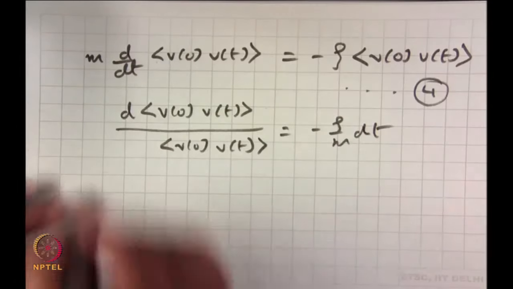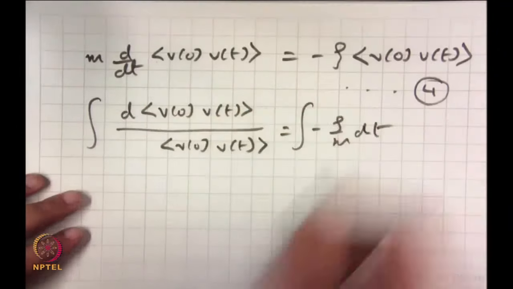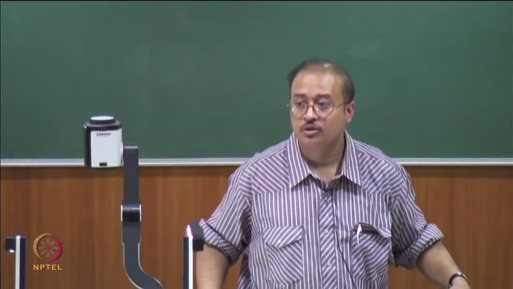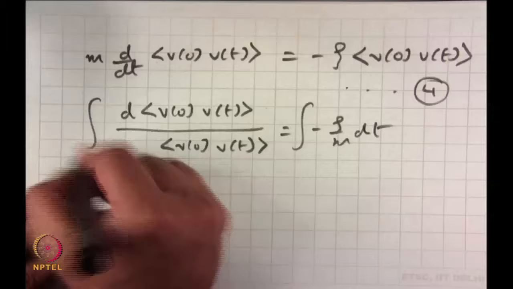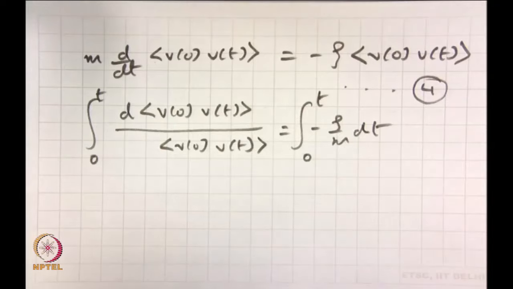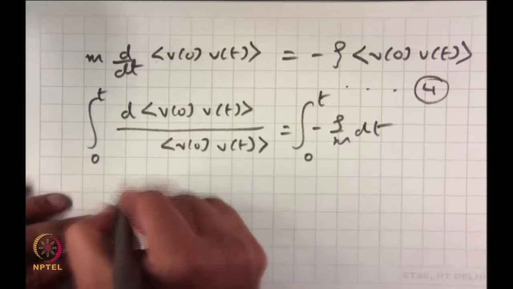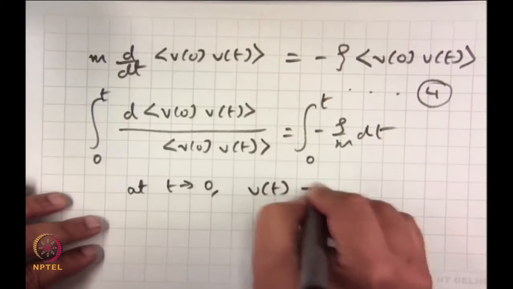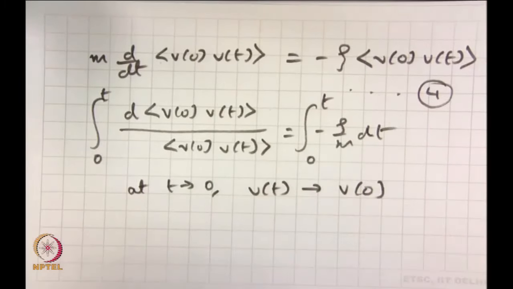We integrate both sides, and what would be our integration limits? 0 to t, excellent. So, we go from 0 to t. Now, when t tends to 0, what is v(t)? v0, because t is equal to 0 and the particle has an initial velocity v0.